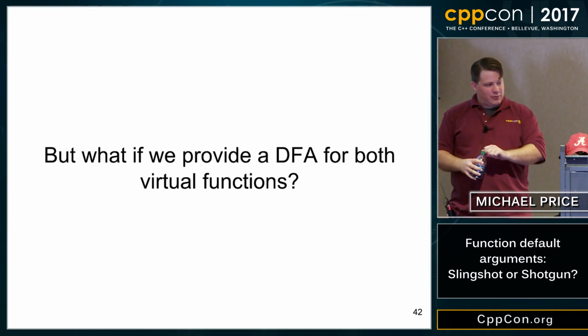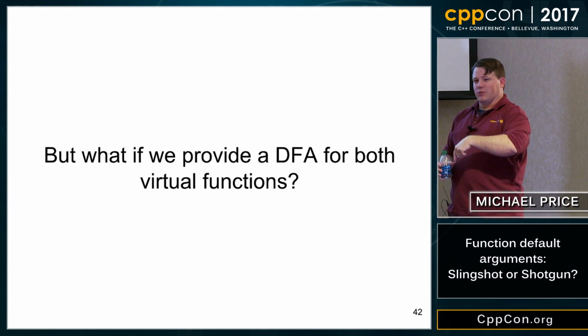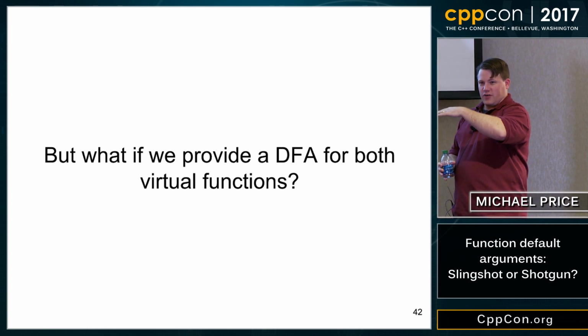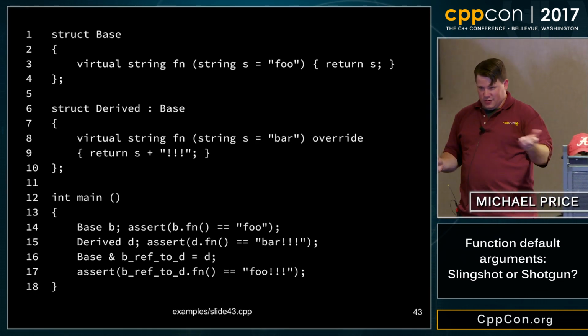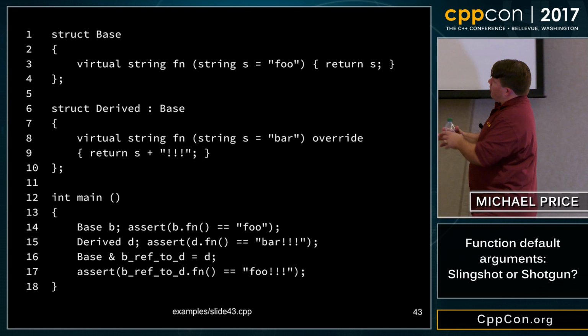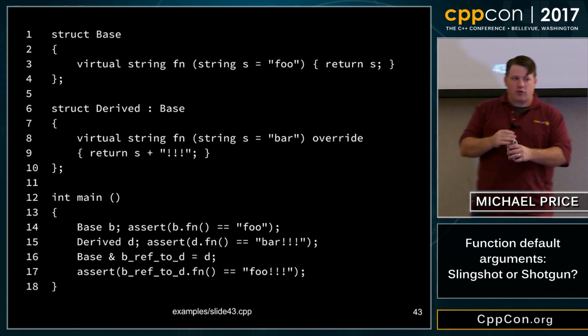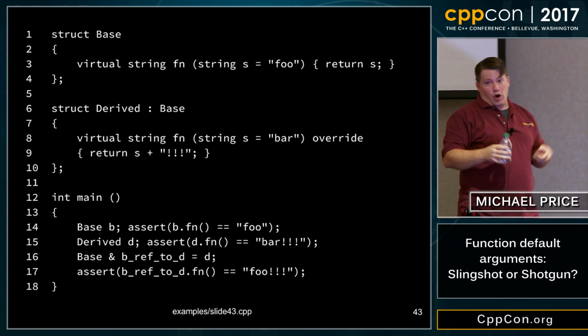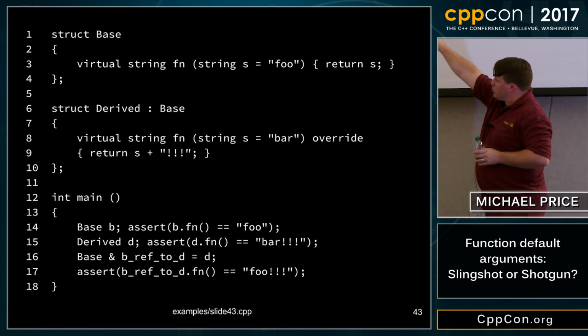Oh, but what happens if we actually do want a default argument for that overriding function? I mean, it's reasonable. You might want to do this. So we do that, and now the derived has a default argument of bar. So if you're calling it from derived, you would expect bar bang bang bang, and that's what you get.